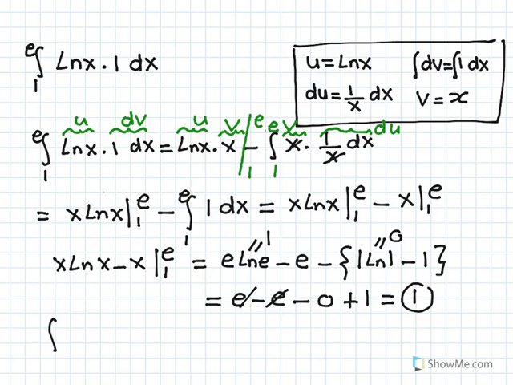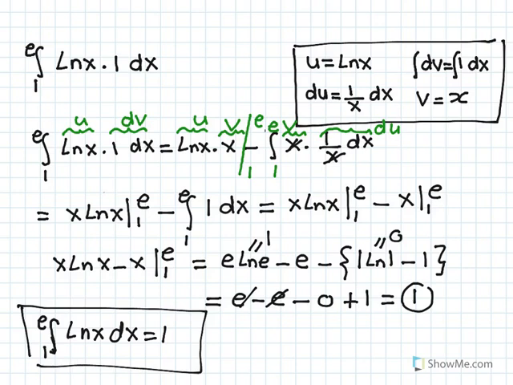So what we have shown is that the integral from 1 to e of log x dx is equal to 1. Let me clean this up a little bit. The integral from 1 to e of log x dx is 1. Alright.